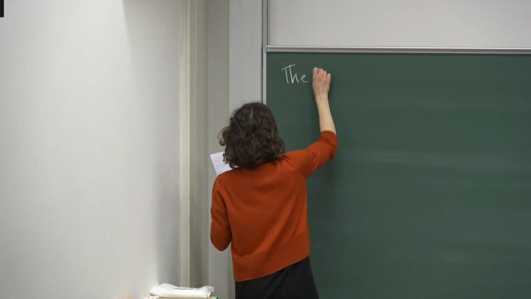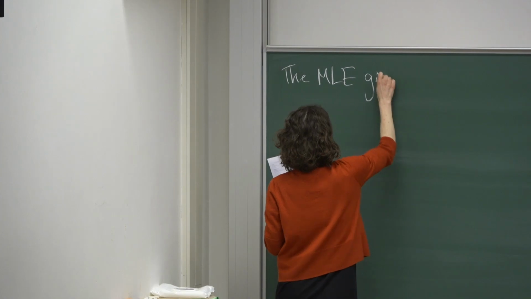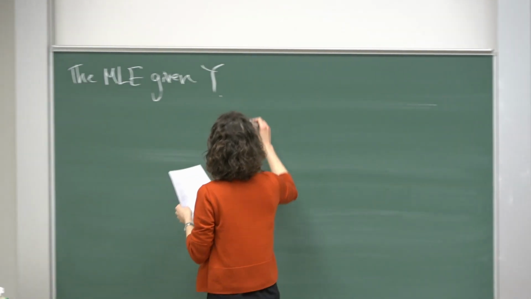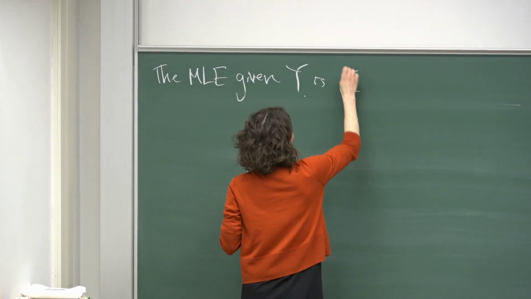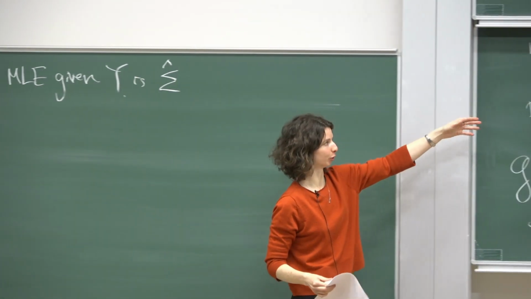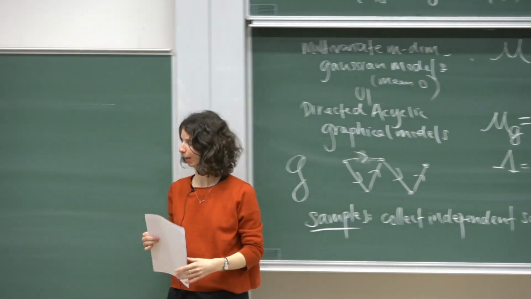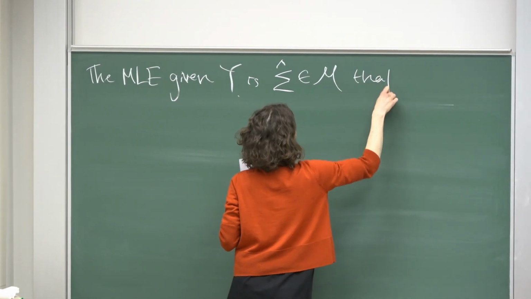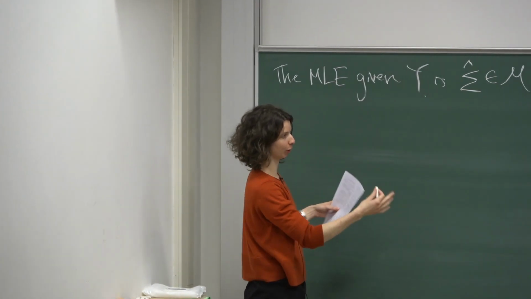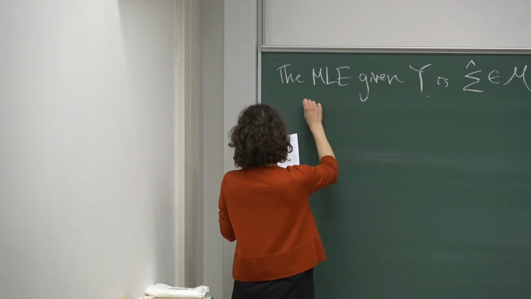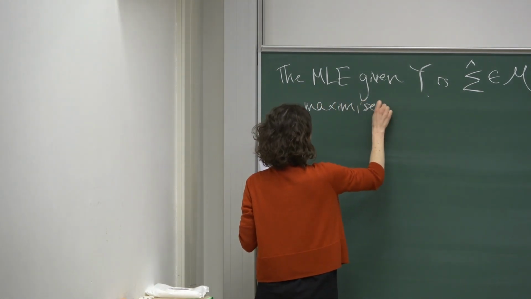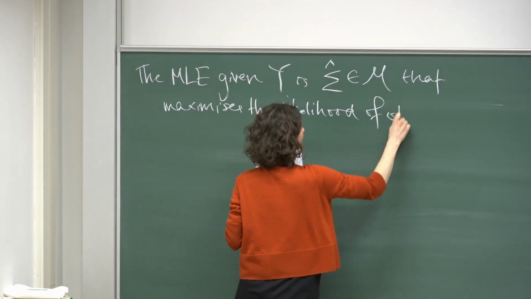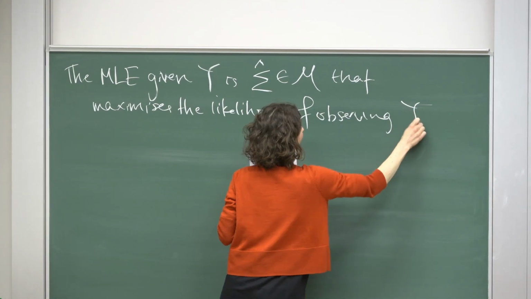The MLE given Y, and what I'm going to say now is valid at this level of generality, is a particular probability distribution in this model, so some sigma in this M_G, that maximizes the likelihood of observing Y.